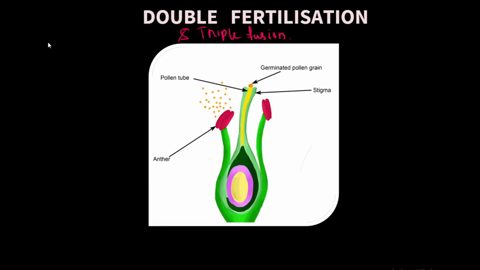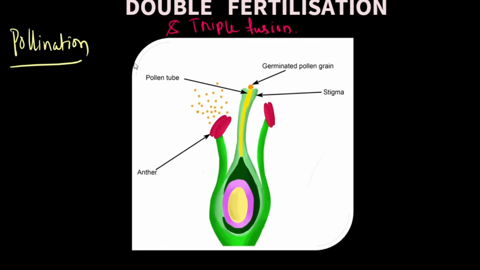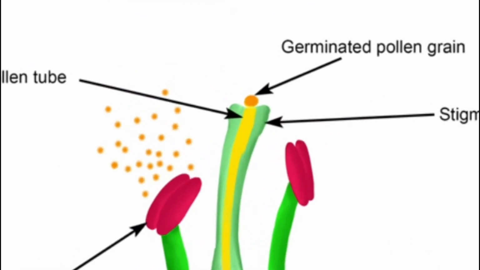Before fertilization, what generally occurs is the process called pollination, which we discussed in previous videos. I insist you check out my previous video so that you can catch what I'm going to say in this video. After pollination, the pollen grain gets settled on the surface of the stigma.